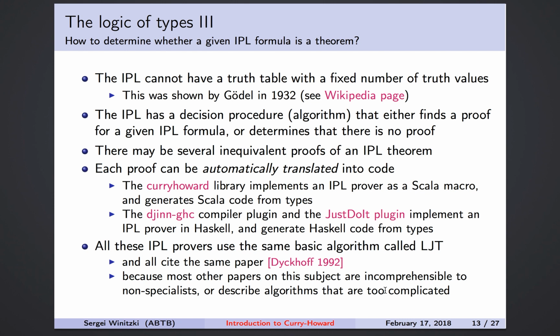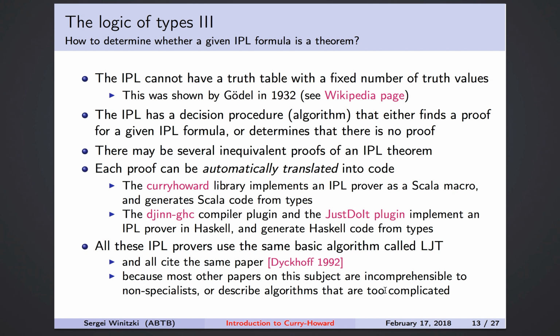This was shown by Gödel, and this means we should not actually try to reason about this logic using truth values. It is not very useful. Even an infinite number of truth values will not help.